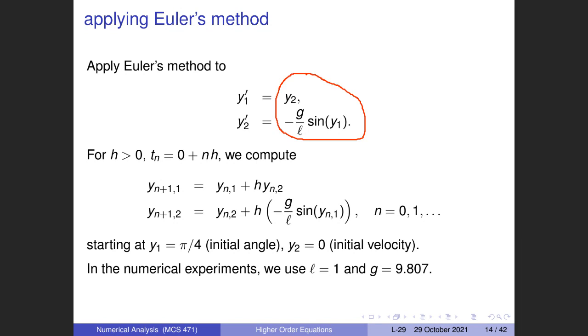So this is the vector function f, a function of time t, y1 and y2. So this has two components.